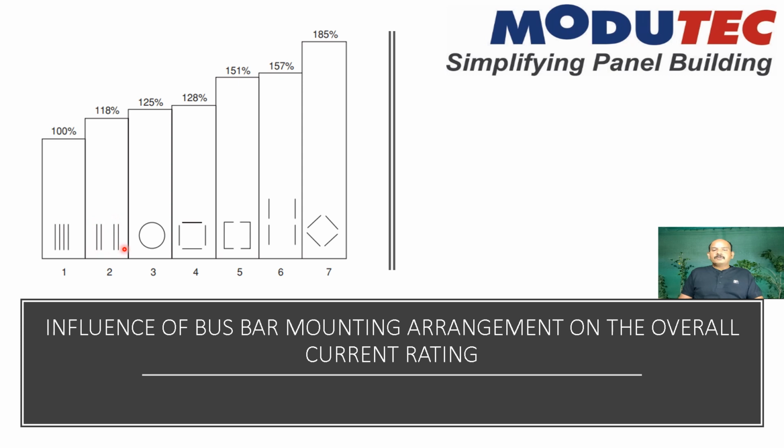Again, if you go for round type, circular bus bars, you can go up to 125% with the same square mm.